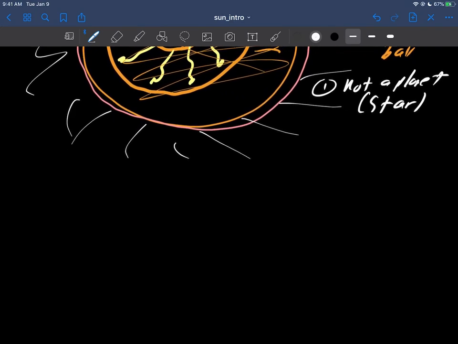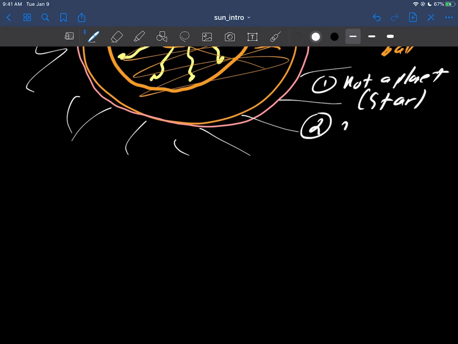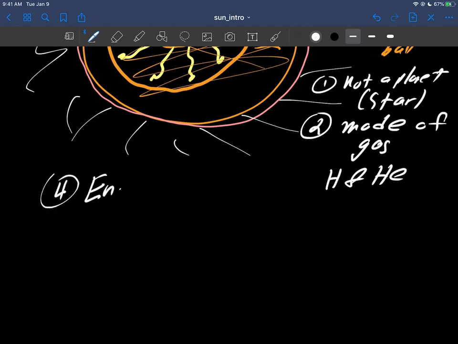Okay, as far as its composition, number 2, it is made of gas, and the gas that it's made out of is mostly hydrogen and helium, although there are some other trace elements in there. And the energy source of the sun in that core that I've mentioned a couple times now is a nuclear process called fusion.